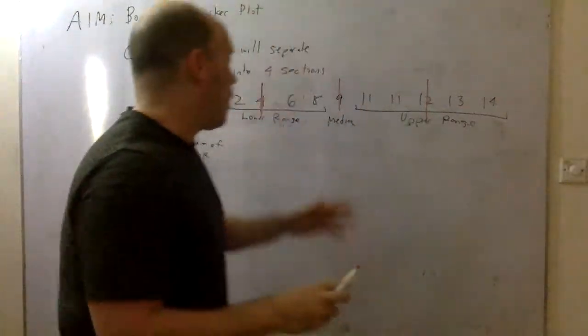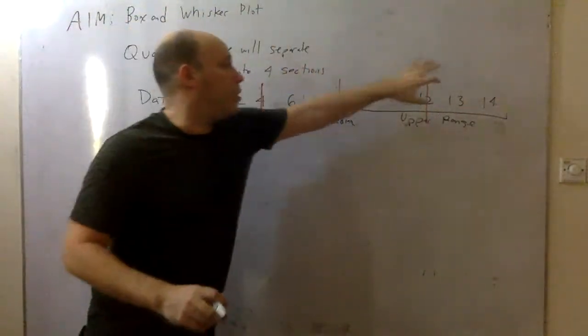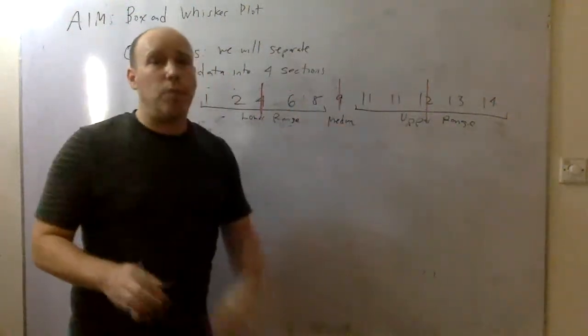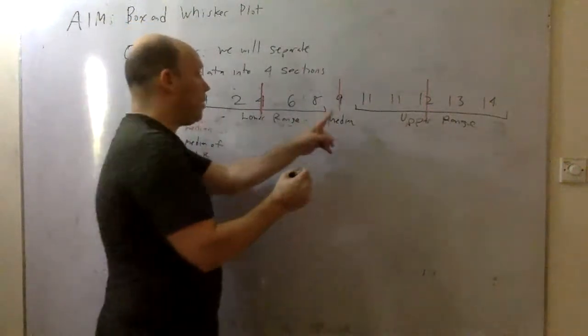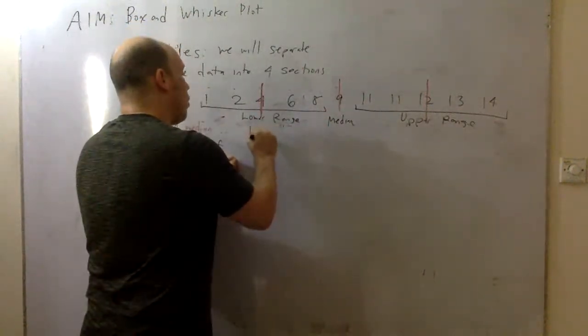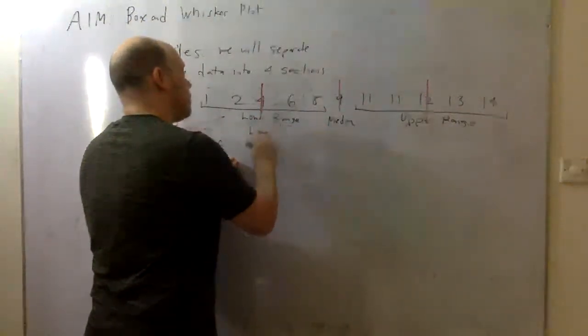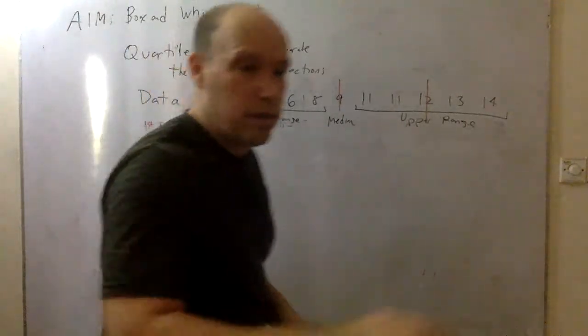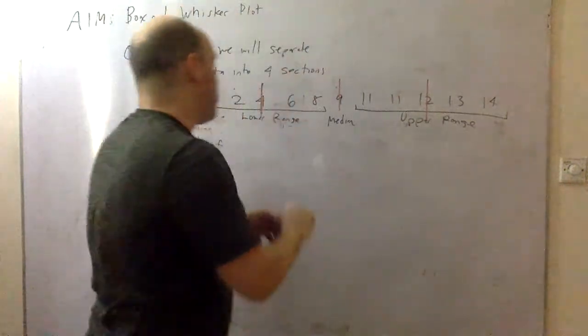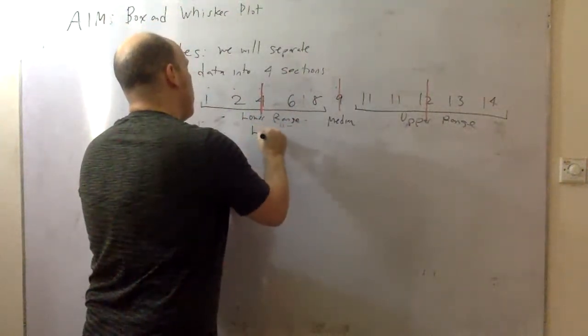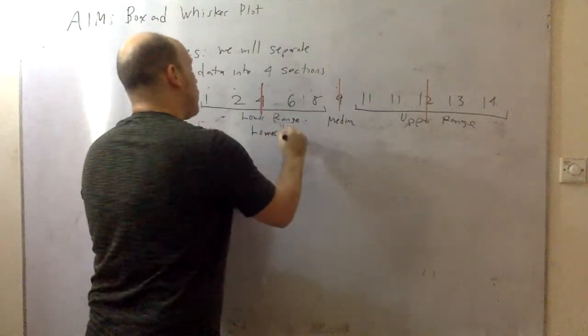Okay. So what we've done is we've broken up our data into 4 parts. These separators are known as the quartiles. This is known as the lower quartile.